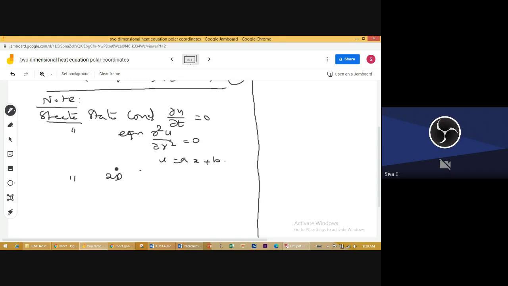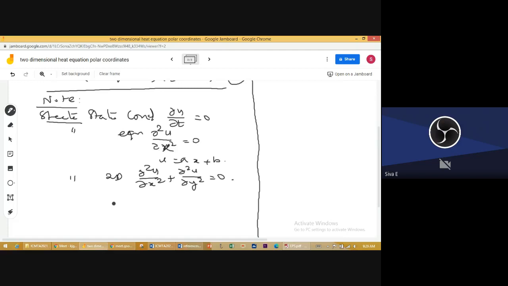Because you are the ones going to that examination. For the 2D, once again I'm making a mistake: dou square u by dou x square plus dou square u by dou y square equal to 0.